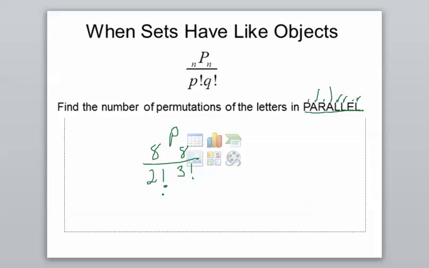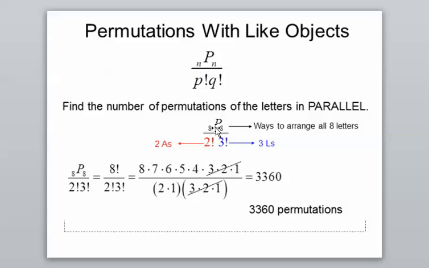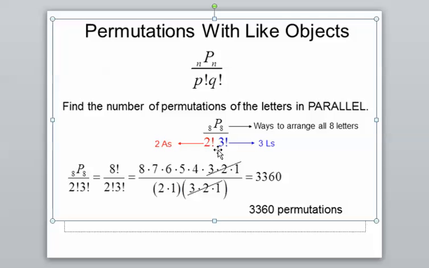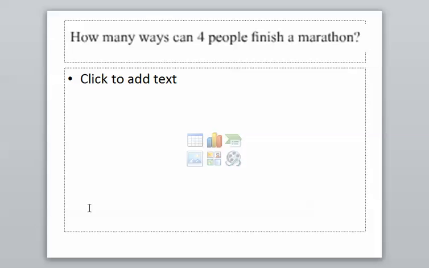And when you do that, what you're going to get is 8 factorial over that, which is some big number, but you're canceling out a lot of different things as you go. And what you wind up with is 3,360 permutations. There's 3,360 ways to arrange those 8 letters, where order matters. Okay?